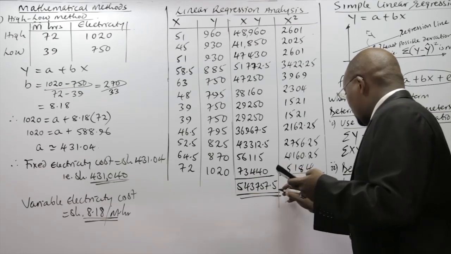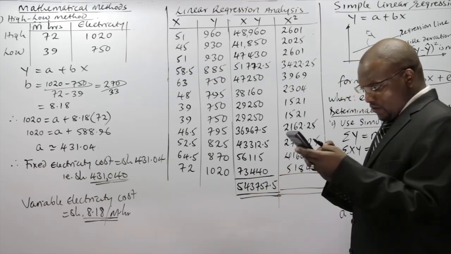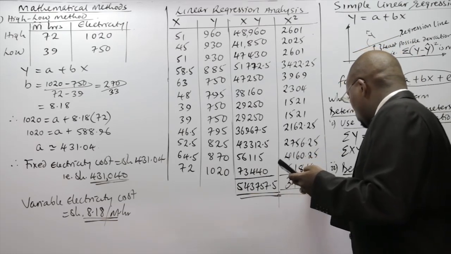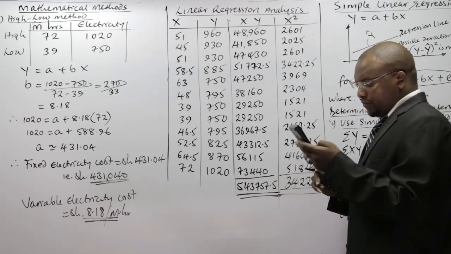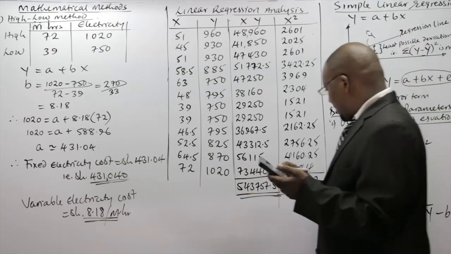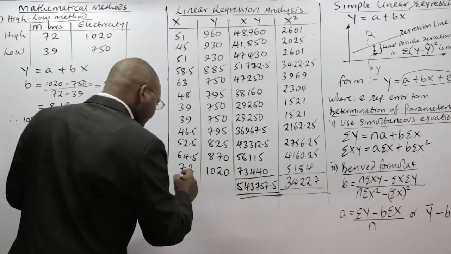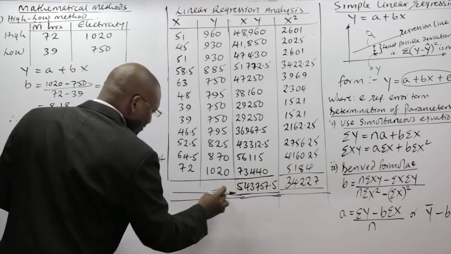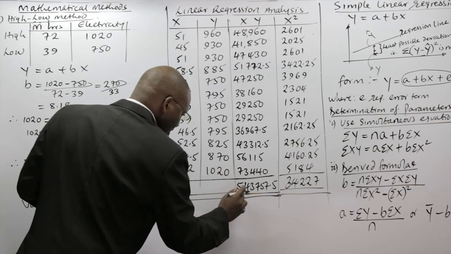When I recall my memory on the calculator, it gives me 34,227.